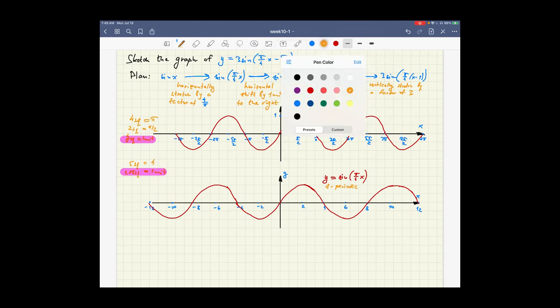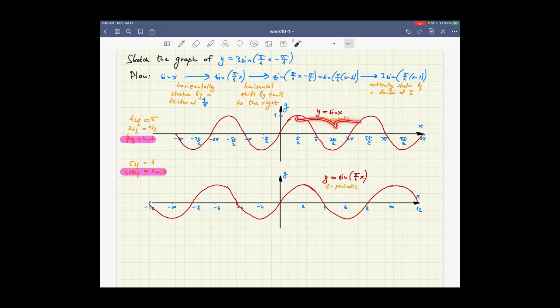If this here is 2 pi periodic, this here is 8 periodic. And of course 8 is greater than 2 pi. So this function is slightly slower than the original one.